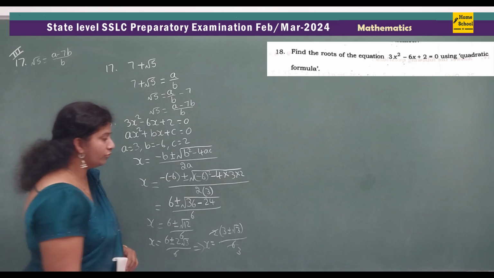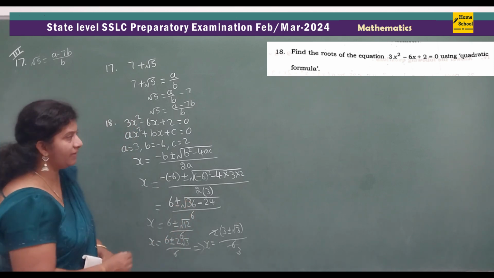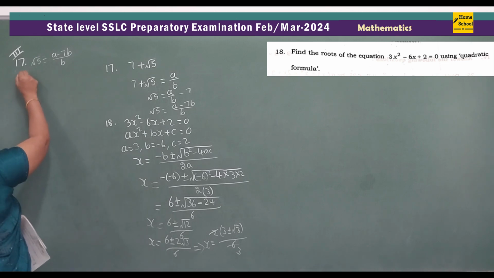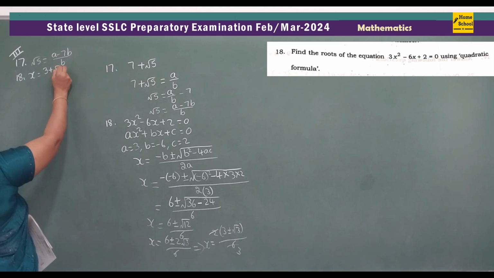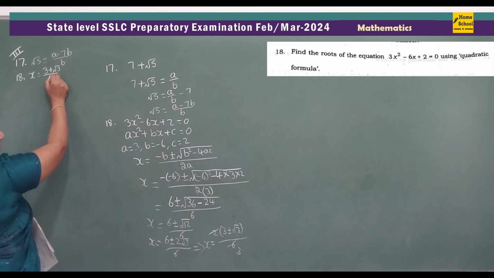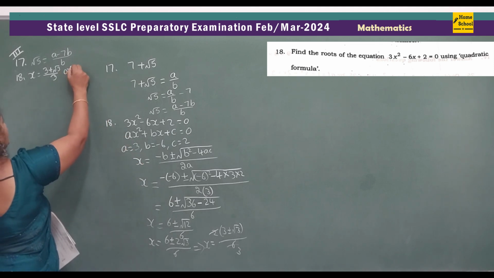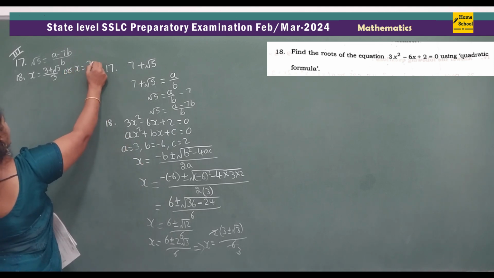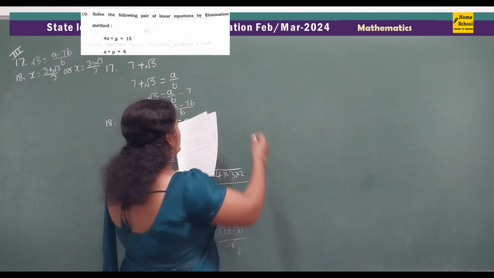Therefore, what are the two roots here? X is equal to 3 plus root 3 by 3. I am writing your answer here. X is equal to 3 plus root 3 by 3, or x is equal to 3 minus root 3 by 3.